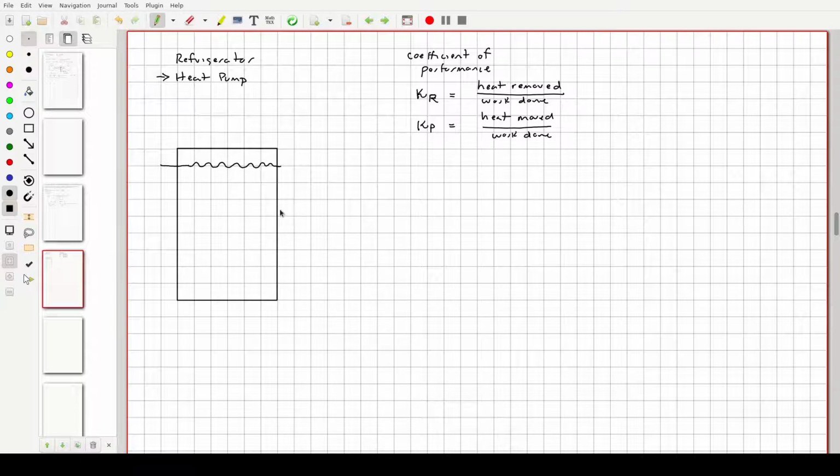If you think of TC as the temperature of your coolant entering, the cold temperature, this would be the temperature of your fridge, which is going to be warmer than that. So the fridge is going to have a greater temperature than whatever this is. So as this cold coolant passes through, it picks up heat and it gets warmed up.